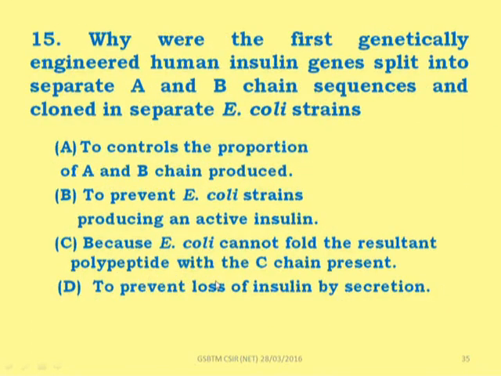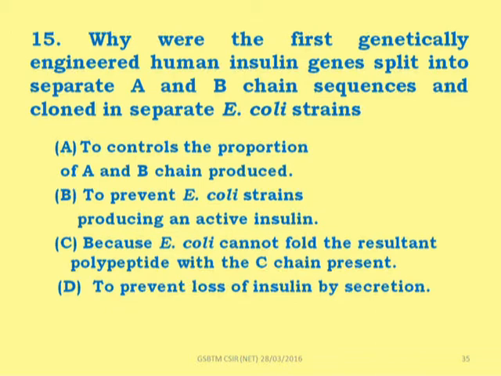Next one. Okay, very good question. Why was the first genetically engineered human insulin gene split into separate A and B chain sequences and cloned in separate E. coli strains? Why were the first genetically engineered human insulin?